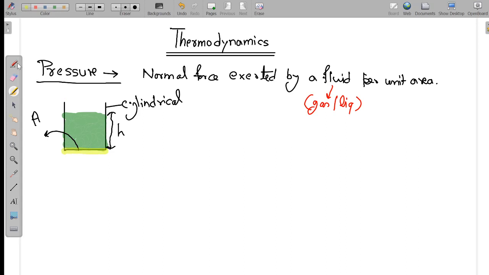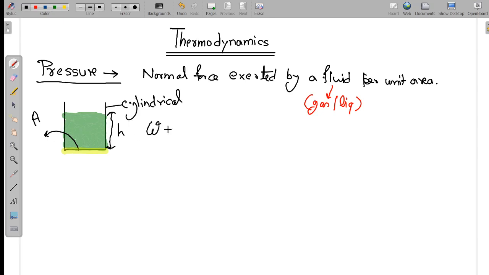So how can I find out? I have to just find out the value of the force which is acting on this surface, and that force per unit area will be the pressure. We can easily find out that the force acting on the bottom will be the weight of this liquid. So how can I find out the weight?